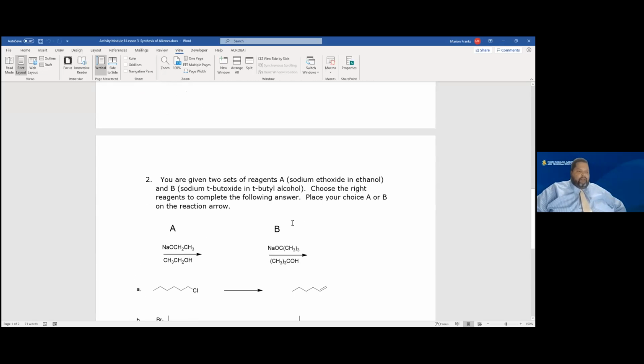In the second part of this particular activity, the students are given various reactions, and they are given two sets of reaction conditions. One set of reaction conditions leads to a Zaitsev product, that's part A. The other set leads to a Hofmann product, that's B, and it uses a bulky base.